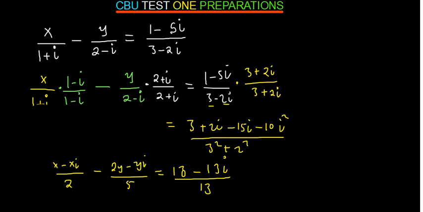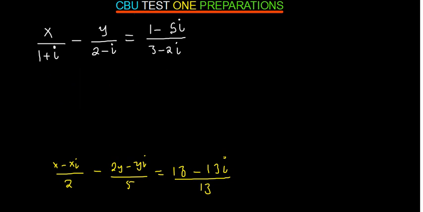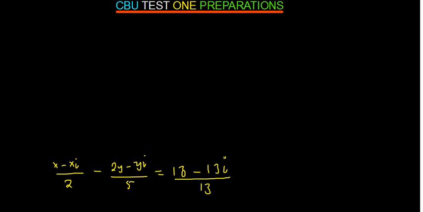I'm going to write this leaving the fractions the way they are. I'm going to split it, so that is going to be x over 2 minus x over 2i. Like this, the 2 applies to both this and this.